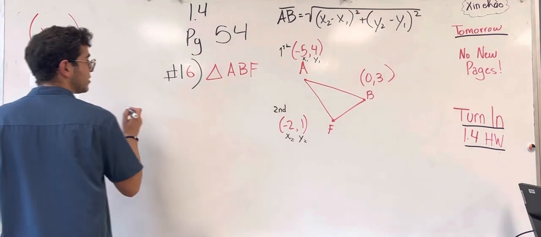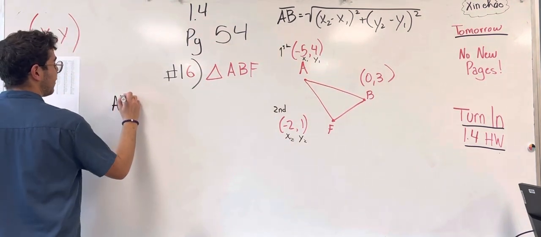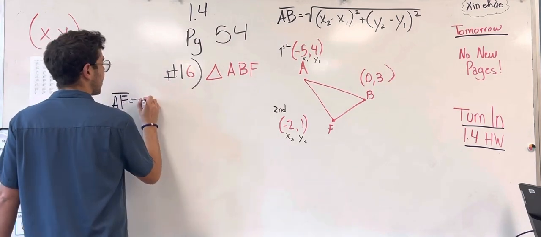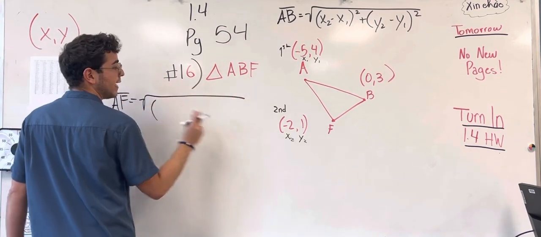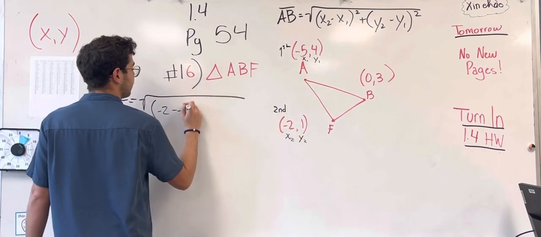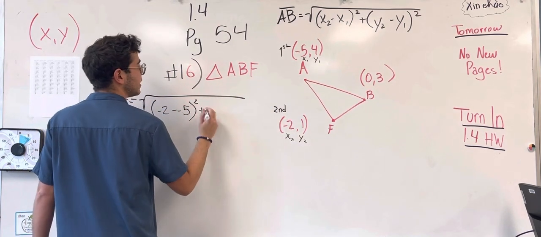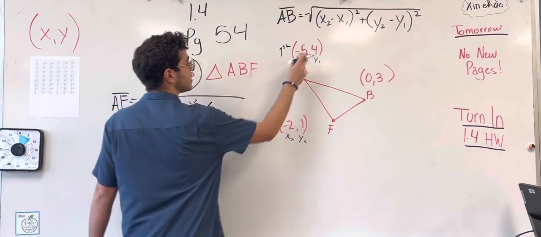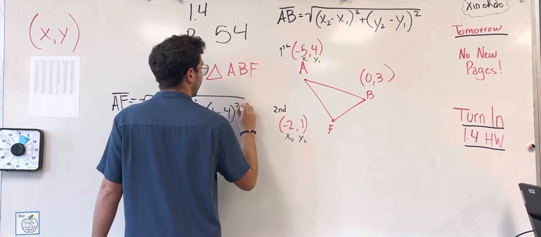Let's go ahead and start with AF. The distance is equal to the square root of x2, which is -2, minus -5, squared, plus y2, which is 1, minus 4, squared.